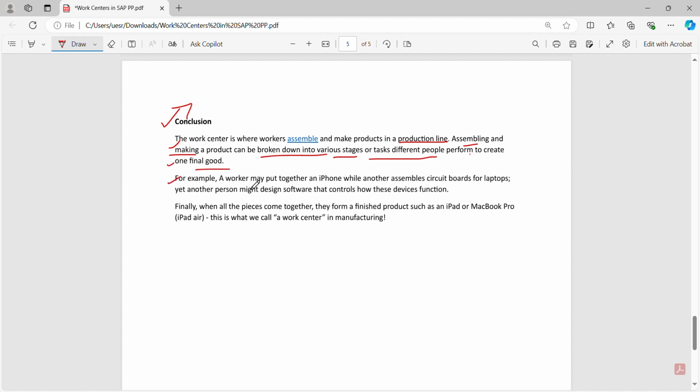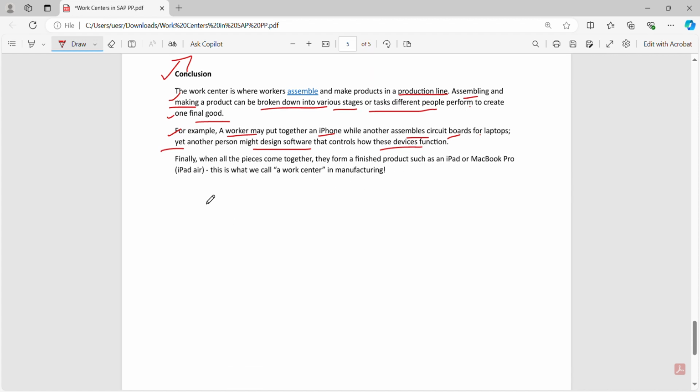For example, a worker may put together an iPhone while another assembles circuit boards for laptops. Yet another person might design software that controls how these devices function. Finally, when all the pieces come together, they form finished goods such as the iPad or MacBook Pro. This is what we call a work center in manufacturing.